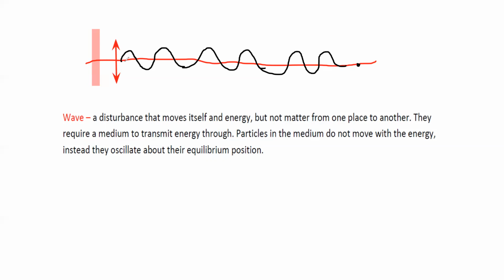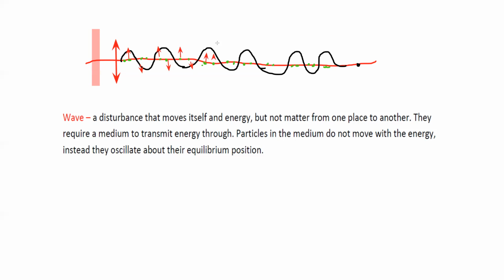For example, these green spots are representing the particles. As the vibration or disturbance is produced, this causes the particles to move as well. Some particles will move up and some will move down.